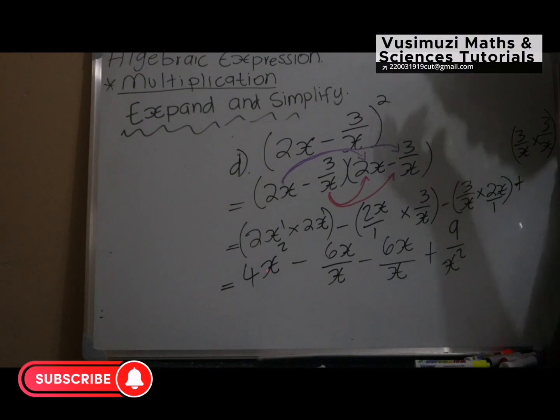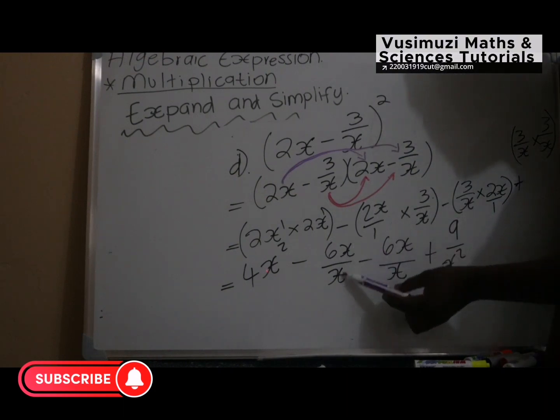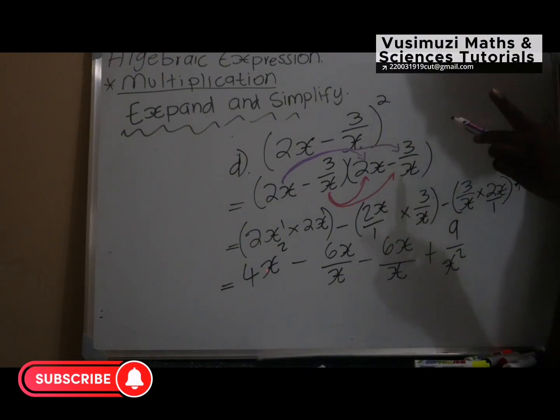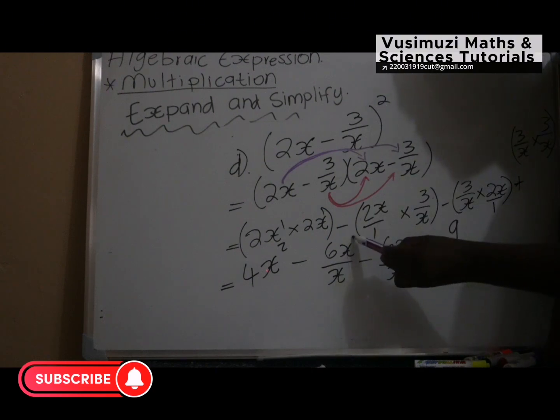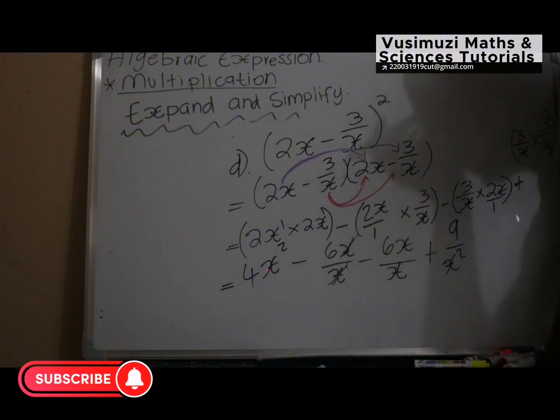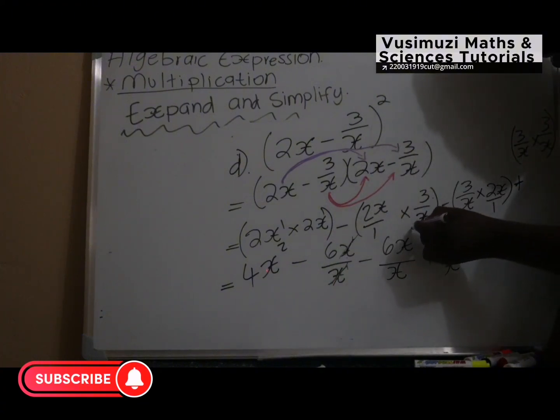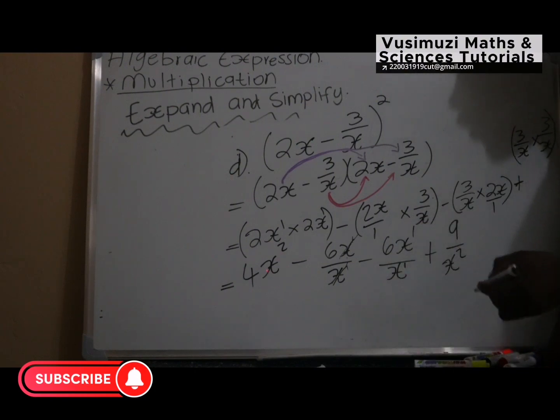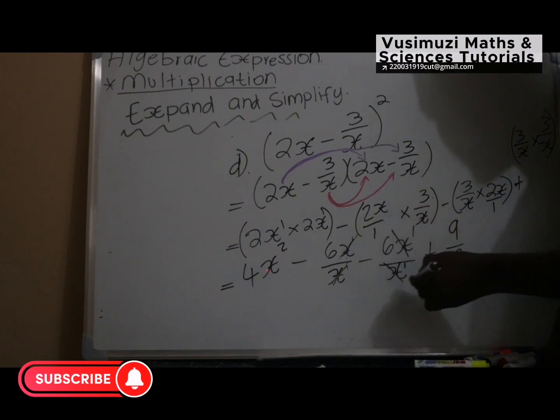Then here, guys, we have something interesting. Over here in another fraction, the bases are the same, x to the power 1 over x to the power 1. Therefore, this x cancels this x because they're the same in terms of the exponents. And here, the same thing with this one, x to the power 1, x to the power 1. They're the same. They cancel one another.